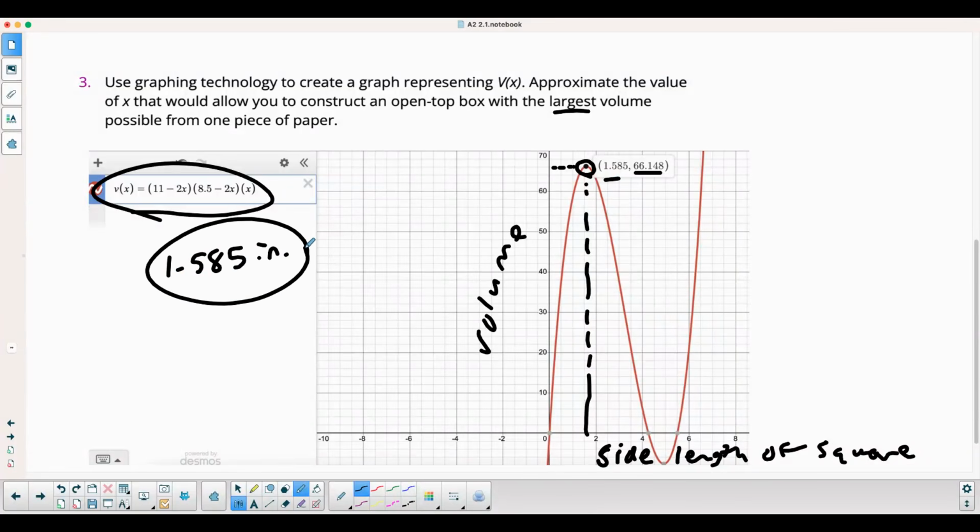All right, so you're looking for that maximum. Why did I pick that point? Because it's right at the top. You see, we go up and then we come down. That's a max. Now you might say, well, it goes higher up here. It does, but 6 inches is too big of a square to cut out. You won't have enough paper left over to make a box when you fold it up.